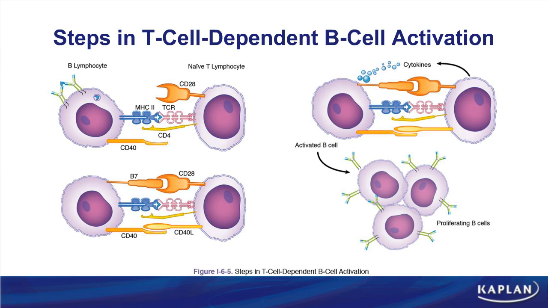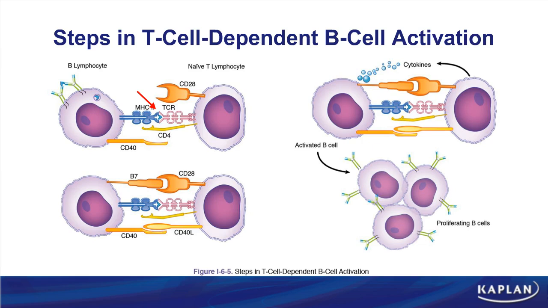So let me just walk through this with you really quickly. B cells, recall, are the only APCs that specifically bind to antigen through their B cell receptor. And remember, they're an antigen-presenting cell, so they will bind to the antigen, process it, and present it on a class II molecule for presentation to a T helper cell.